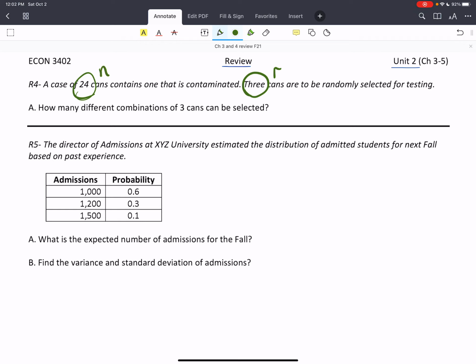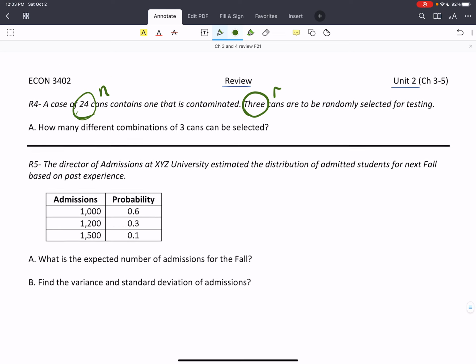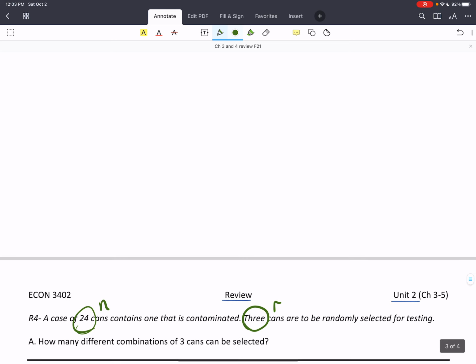There are 24 total cans. So let me come up here. So using that combination formula, R and then N minus R factorial.